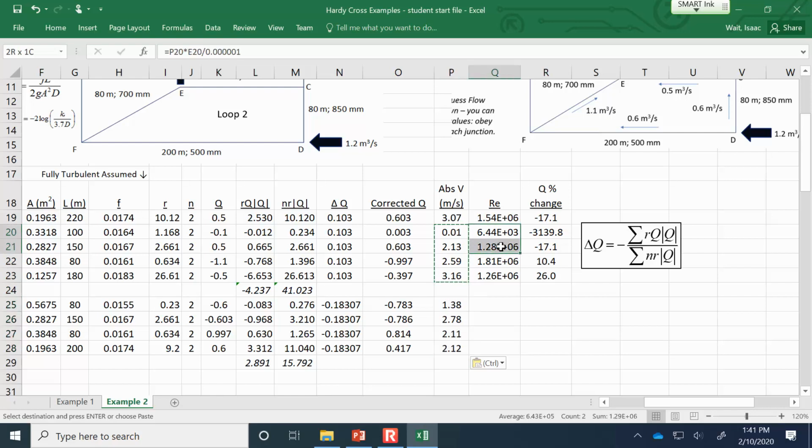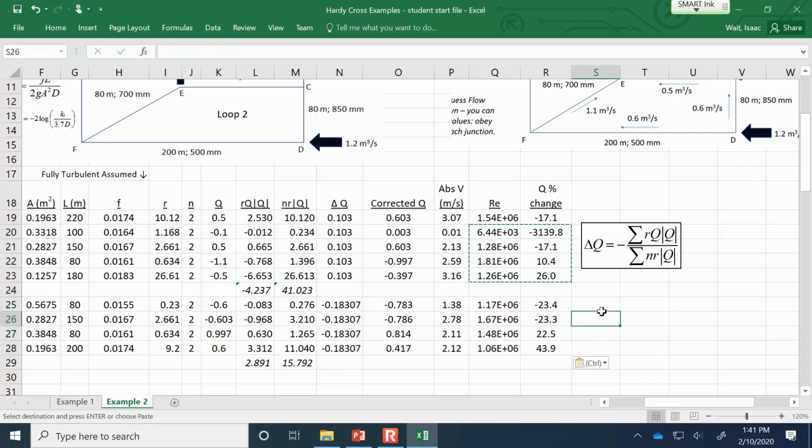And do the same thing with the Reynolds number and the percent change. Okay. Let me pause for a moment and see if anybody needs any help.